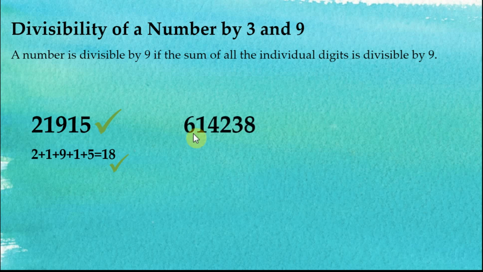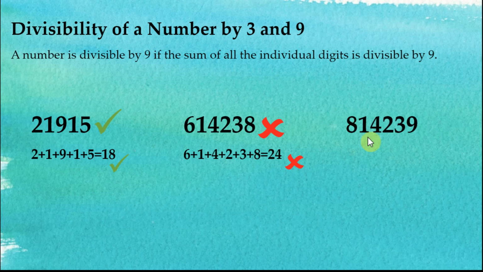Another example, 614,238. The sum of the individual digits is equal to 24, and 24 is indivisible by 9, and therefore this number is indivisible by 9. The last one, the sum of the individual digits is 27. 27 is divisible by 9, and therefore this number is divisible by 9.